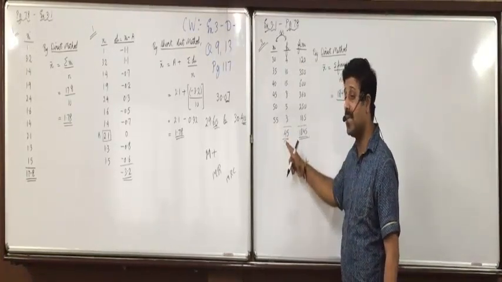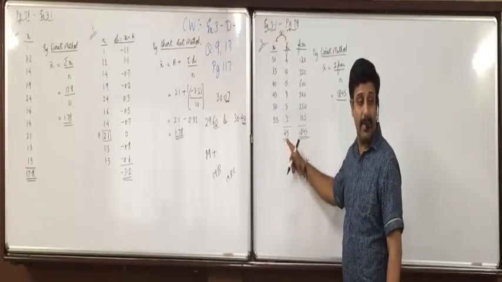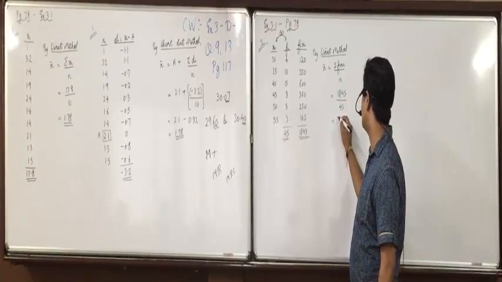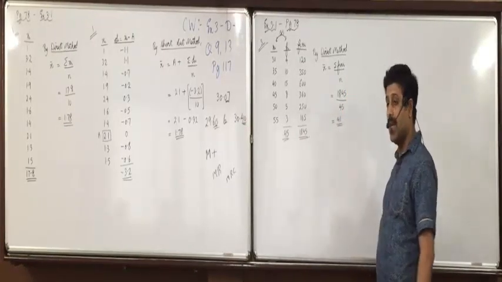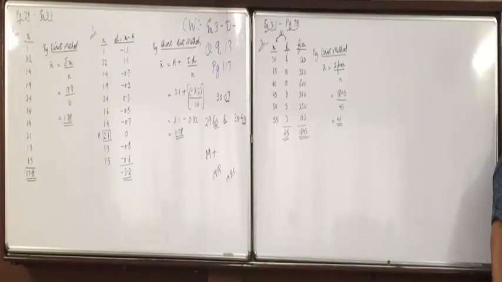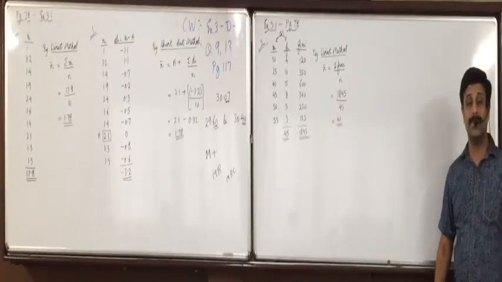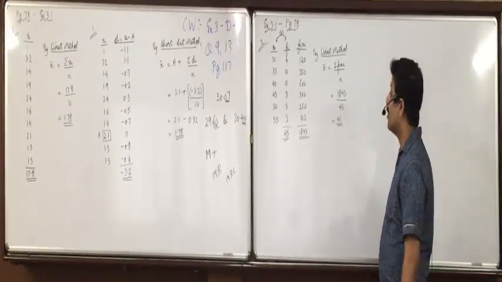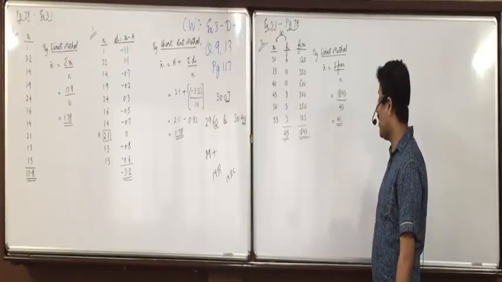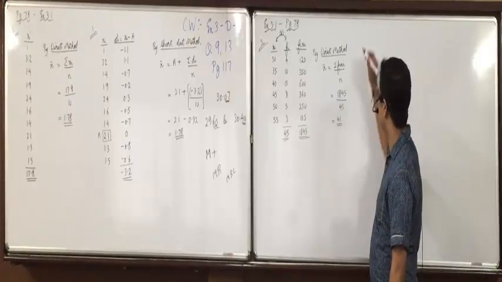N will be the total of frequency. What is that? 45. 41. Yes, sir. Understood that everyone? Thus, the mean diameter is 41 centimeters.